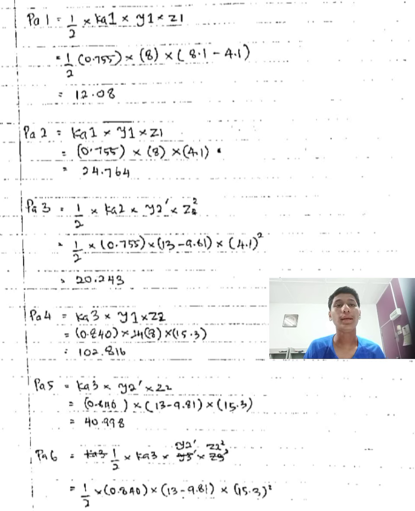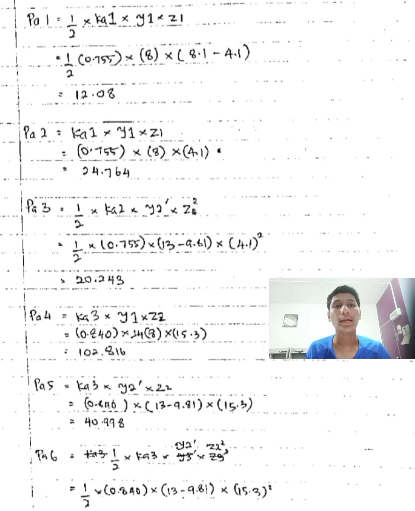For PA1, we will use formula 1 per 2 times KA1 times gamma 1 times Z1, which is 1 per 2 times 0.755 times 8 times bracket 8.1 minus 4.1. The total is 12.08. For PA2, KA1 gamma 1 times Z1, the total is 24.764.